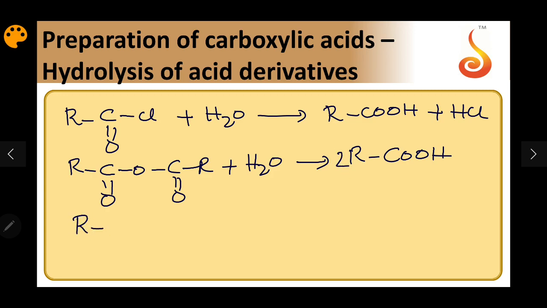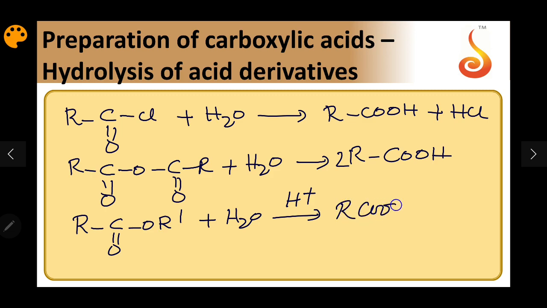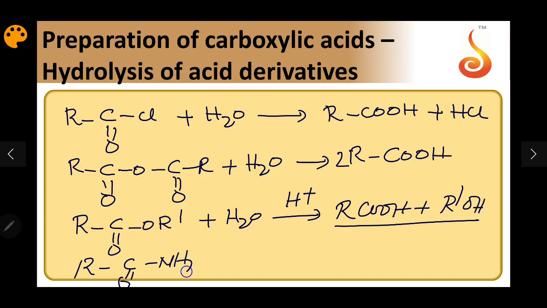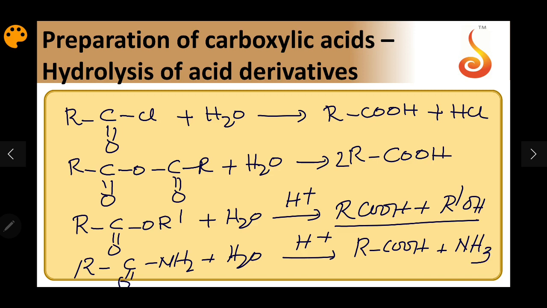If I take ester, RCOOR dash plus water, this happens with acid or base catalyst to give RCOOH and R dash OH. So you get one acid and one alcohol. And amides with water, this also requires acid or base catalyst, forming carboxylic acid and ammonia. This is how the acid derivatives form the corresponding carboxylic acids.